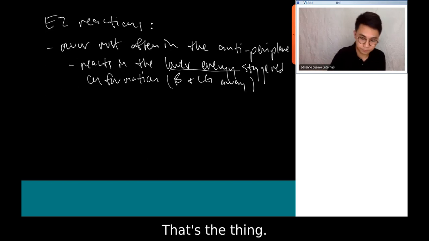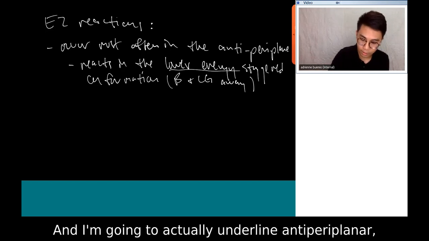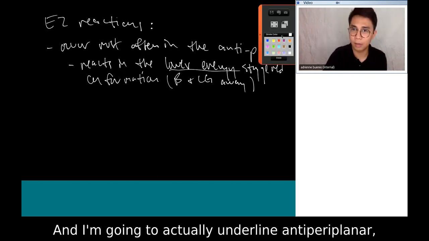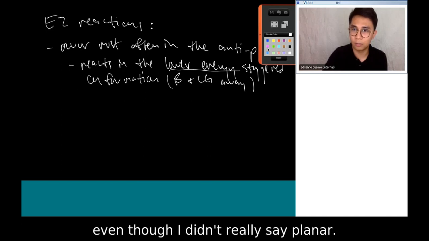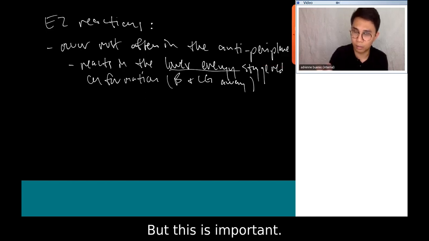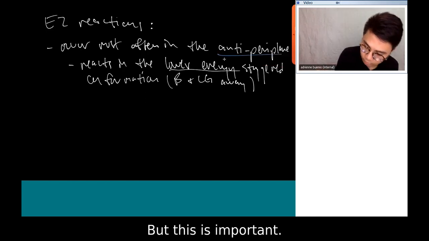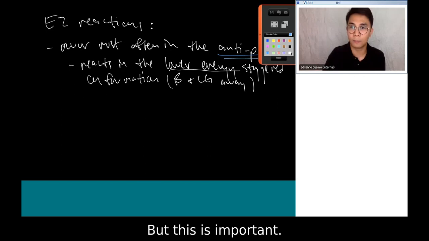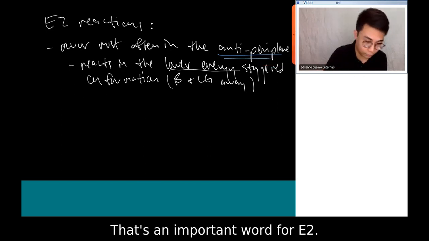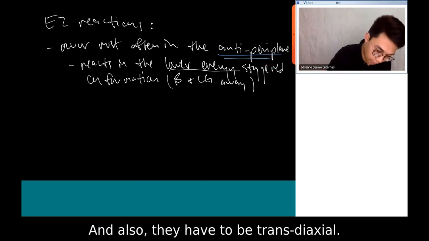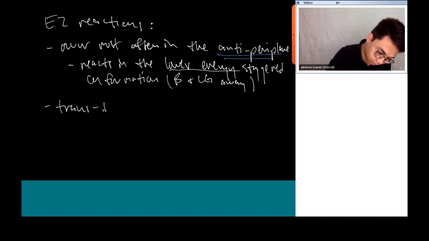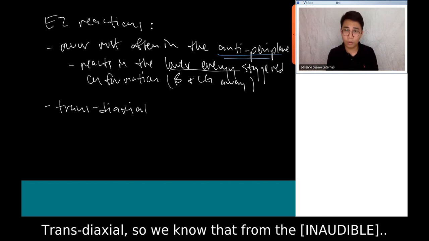That's what they mean. And I'm gonna actually underline anti-periplanar, even though I didn't really say planar, but this is important. That's an important word for E2. And also, they have to be trans-diaxial. Trans-diaxial. We know that from the chair conformations.